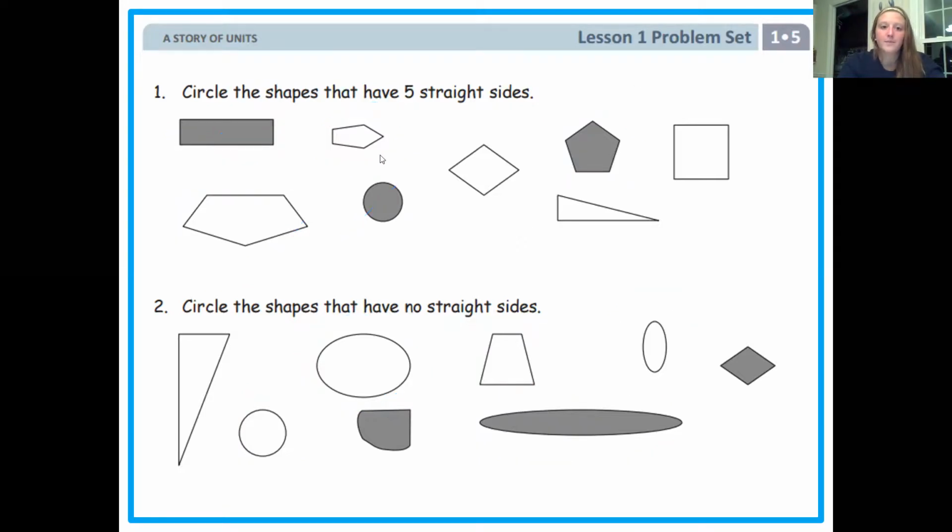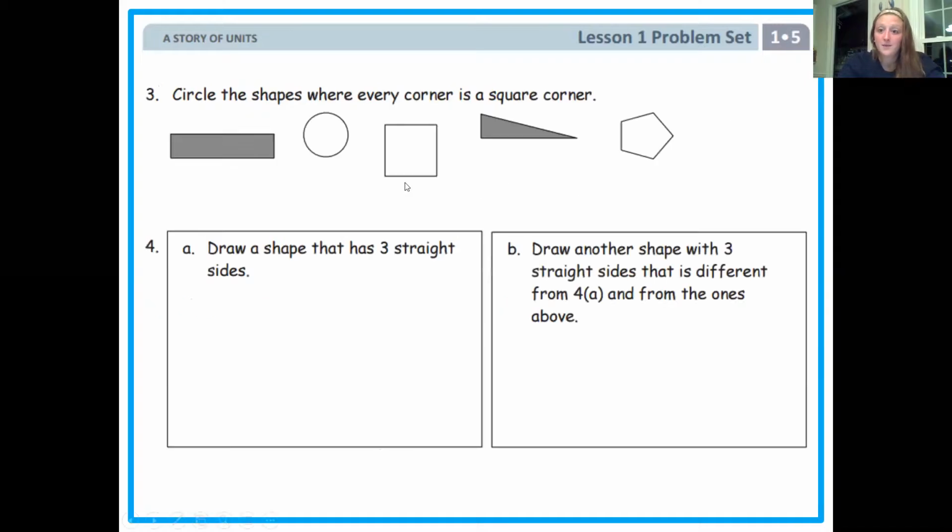Let's go to this one. Next one says, for number 3, circle the shapes where every corner is that square corner, okay? So none of them are angled like this, they're not out like this, they're square, like the edge of a corner of a paper. And then you get to draw a shape that has 3 straight sides right here.